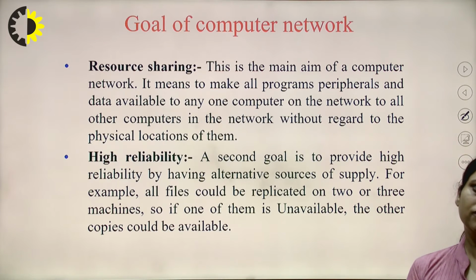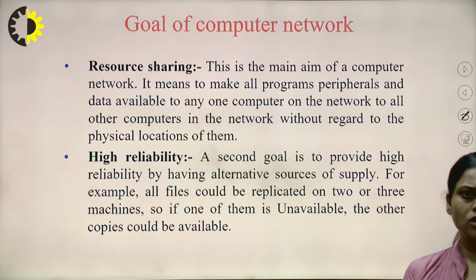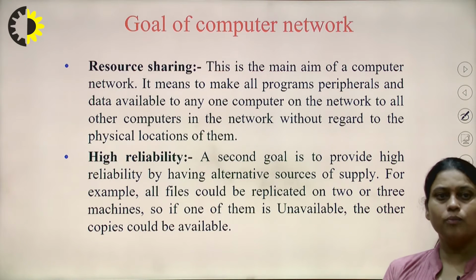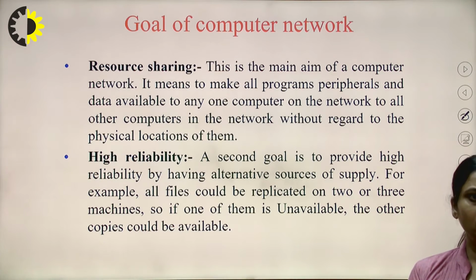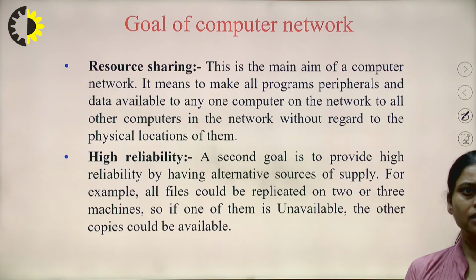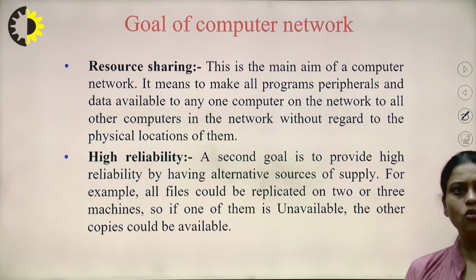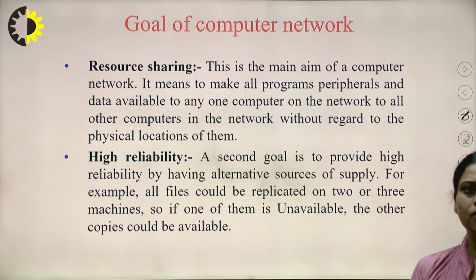We can share the data or information from one computer or from one network to another computer or another network without regard to the physical location of the networks. The next major goal of computer network is high reliability.